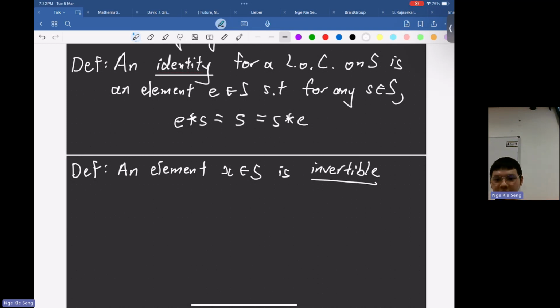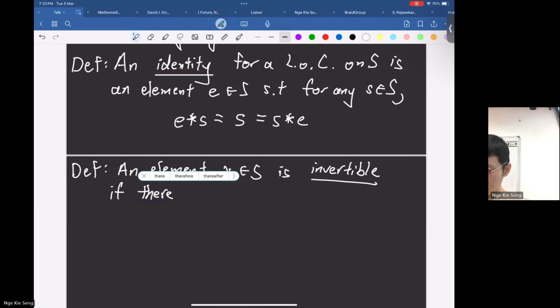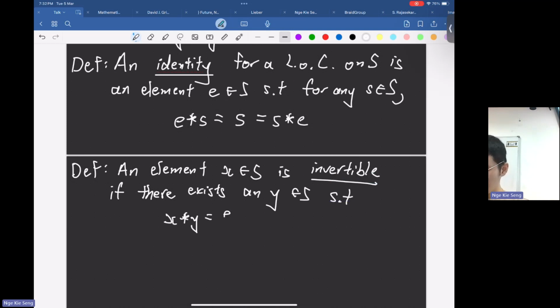So an element X is invertible if there exists a Y in X such that XY gives you back the identity and YX gives you back the identity. Okay.